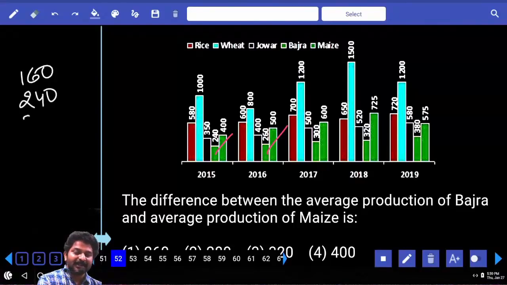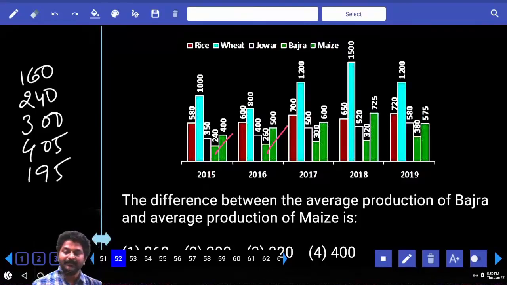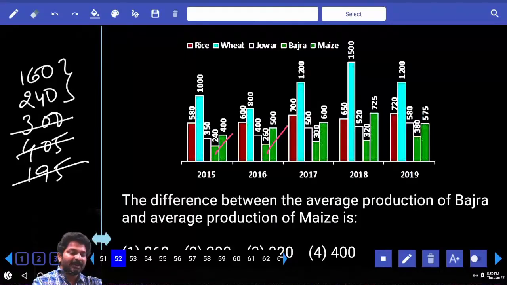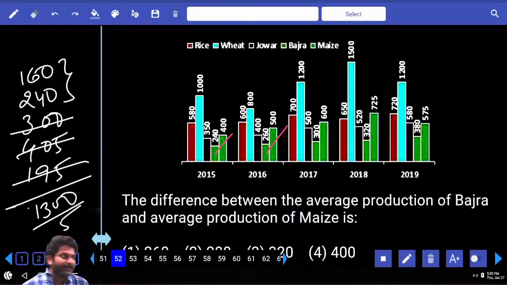Next 300. Next 405. Next 195. Yes, 405, 195. 600, 600 plus 300, 900, 900 plus 400, 1300. Average, so that is divided by 5. Answer 260.